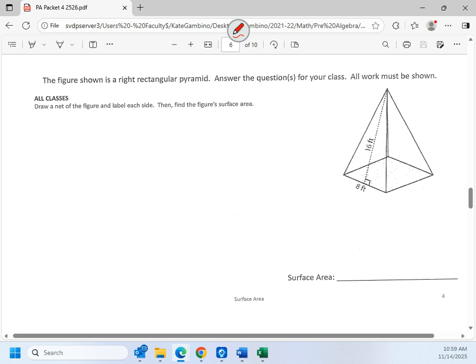It's that square. So I'm gonna start with my square, or my net. What is the length of each side of my square? Finley? 8 feet. Now I need to do the sides that I'm gonna be putting down. What shape are my sides? Ellen? Triangle.